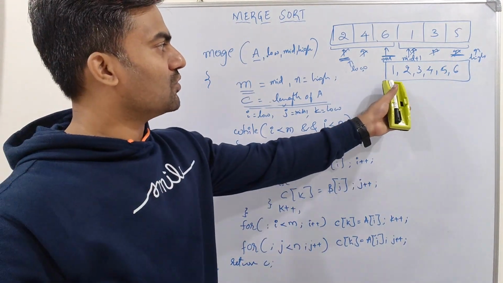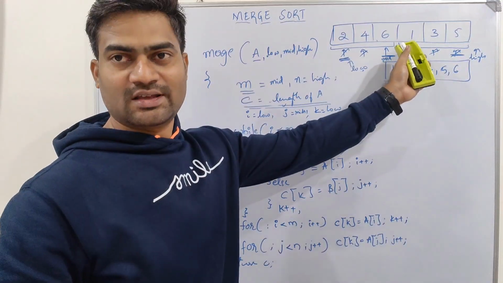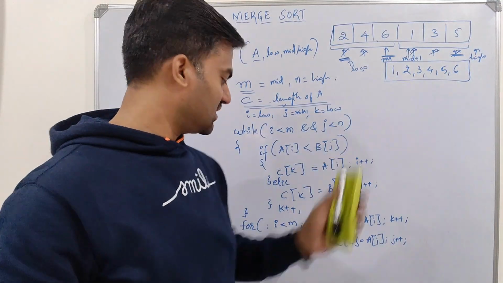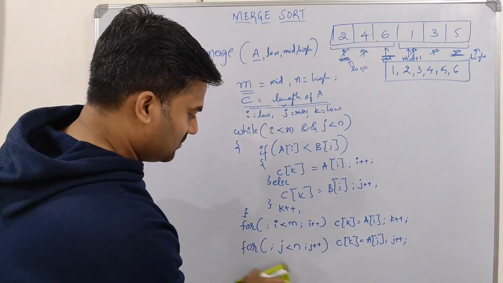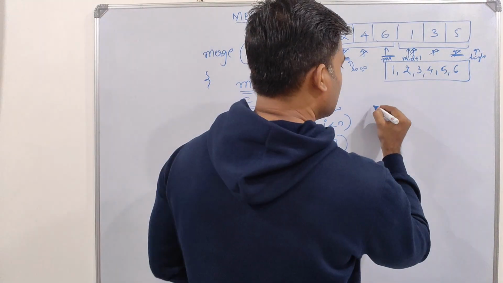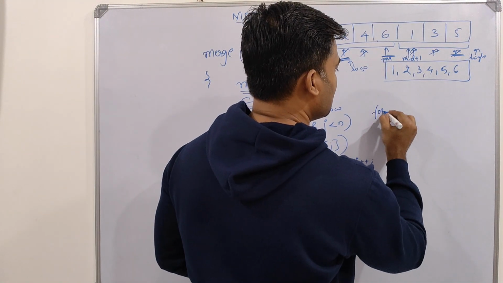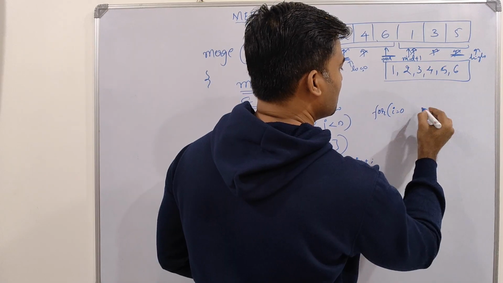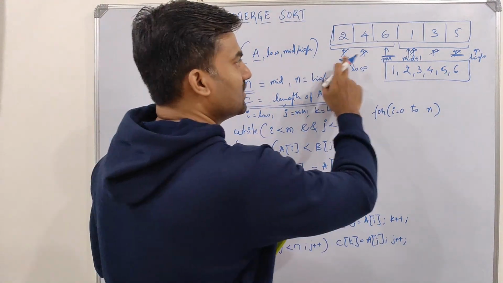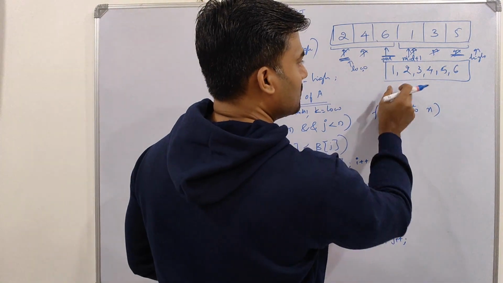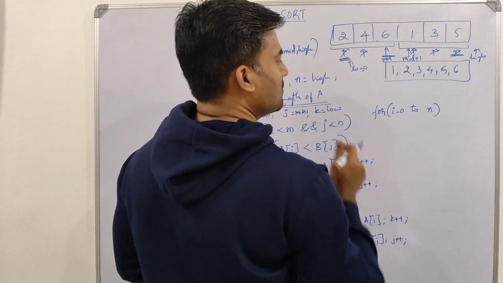Now we want to replace our original array with these elements. So instead of returning C, maybe I will write it here. I will start from for I equal to 0 to n. I have to move these elements into my array.